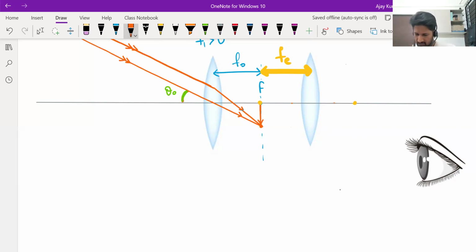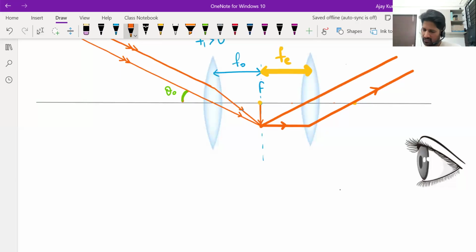So one ray parallel to the principal axis passes through the focus after refraction. Another ray through the optical center passes without any deviation.